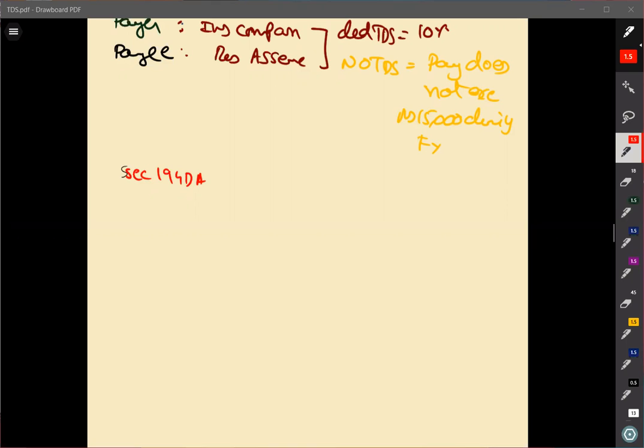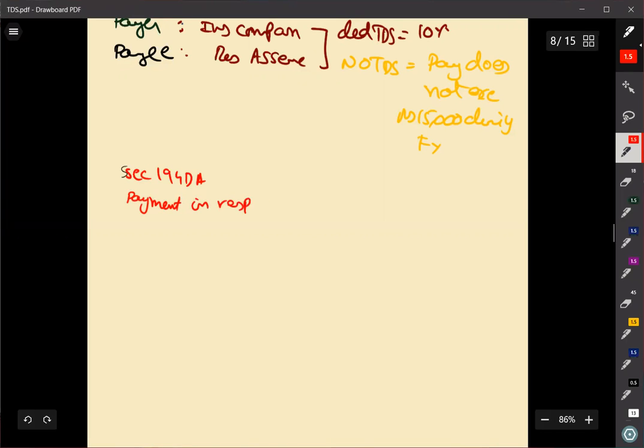Here, payment in respect of life insurance policy. So the provision is applicable wherever we need to make any sort of payment in respect of a life insurance policy.